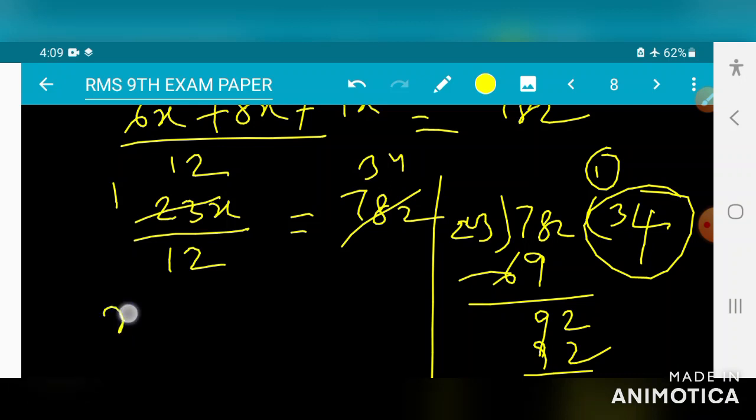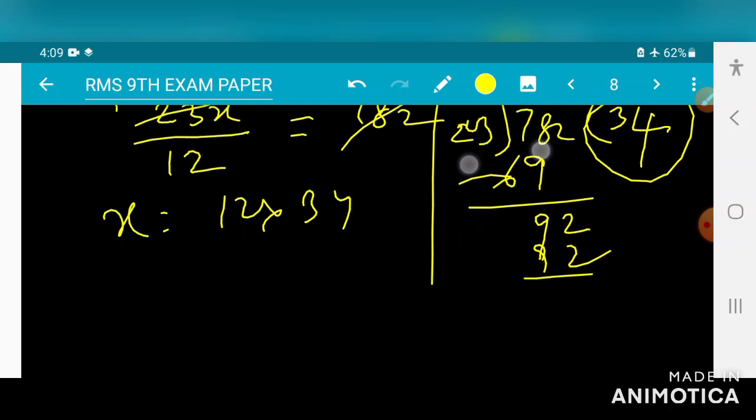So x is equal to 12 into 34. Now the first part, A, is nothing but half of x.